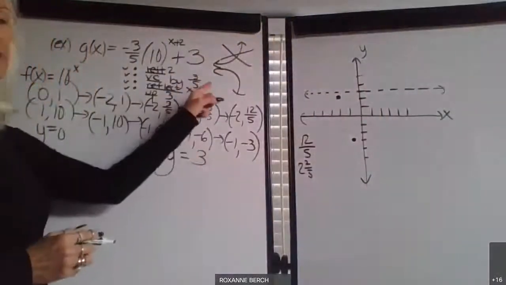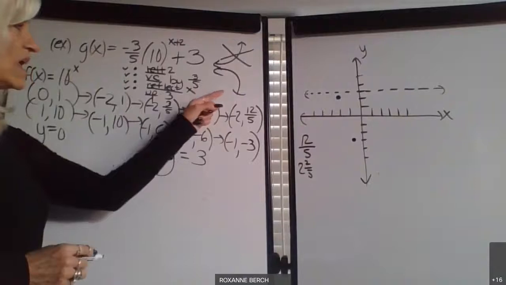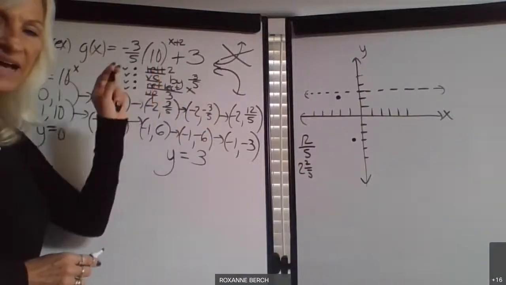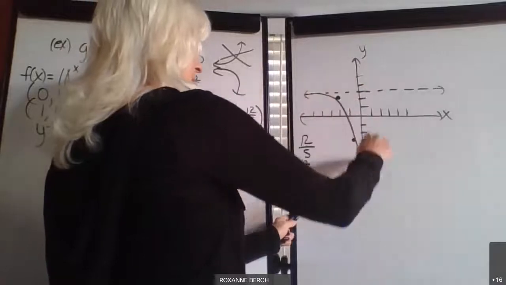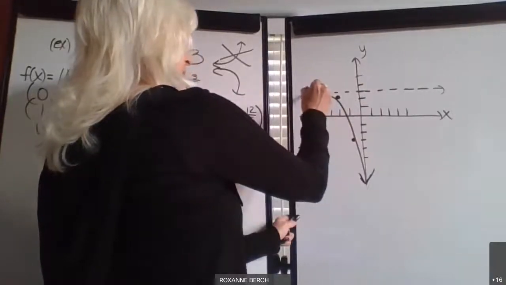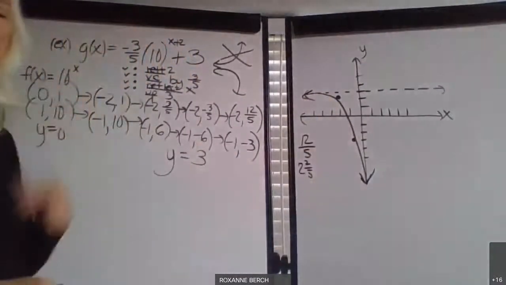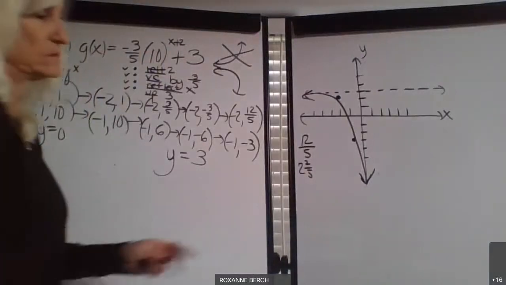And we know the graph looks like this. And we know because the parent is a big number that it's going to go down sharply. So what's your domain?